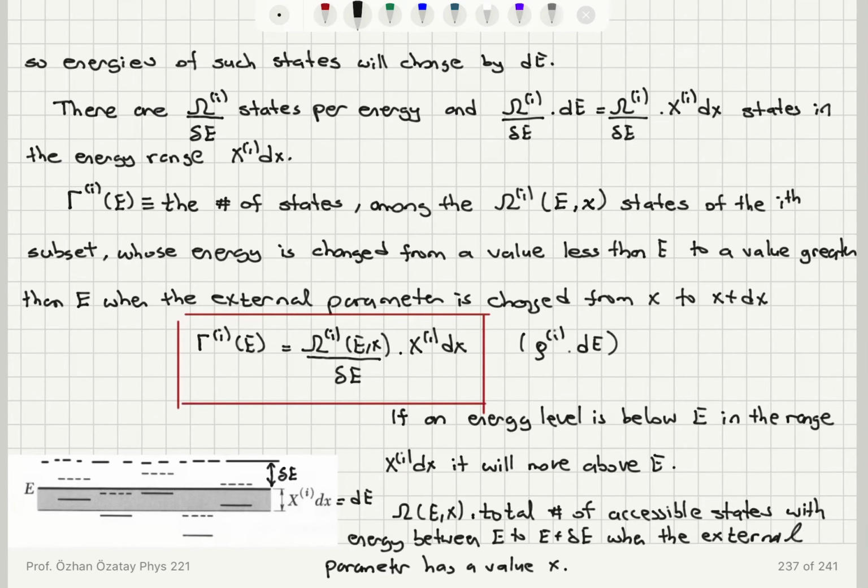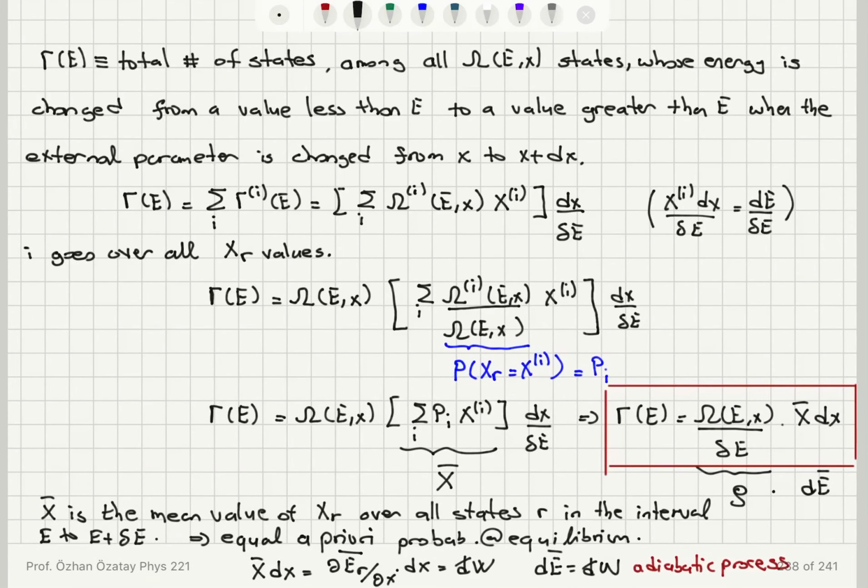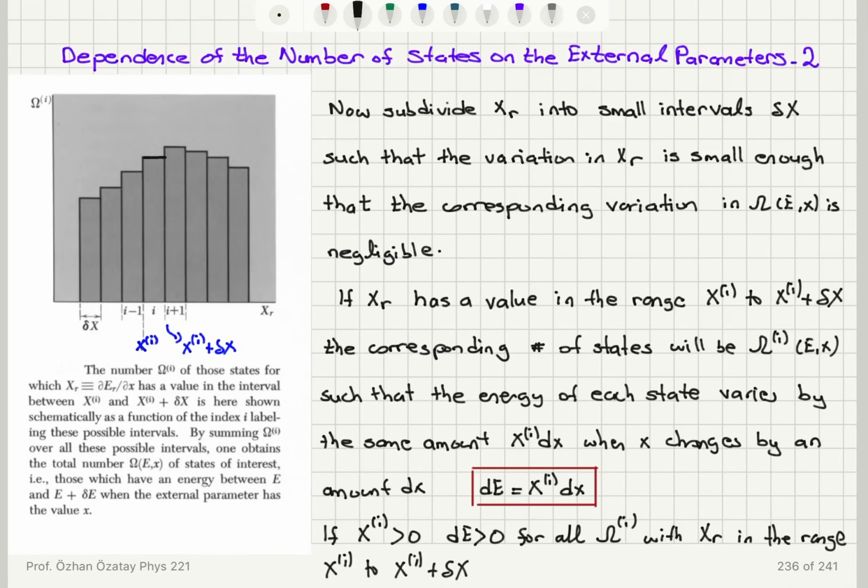So if I call omega of E the total number of accessible states in this range E to E plus delta E when the external parameter has a value x, and gamma of E is the total number of states among all such states whose energy is changed from a value less than E to a value greater than E when the external parameter is changed from x to x plus dx, then I have to sum over all xi values.